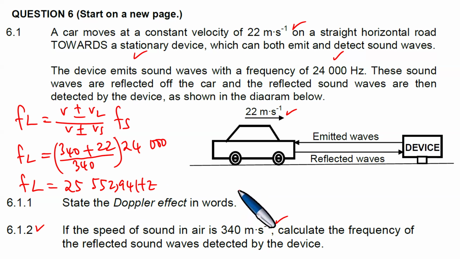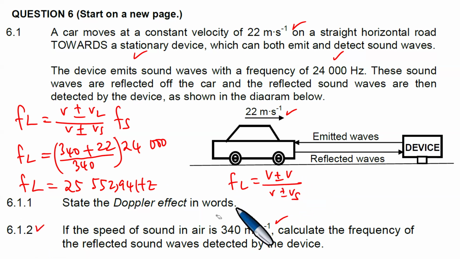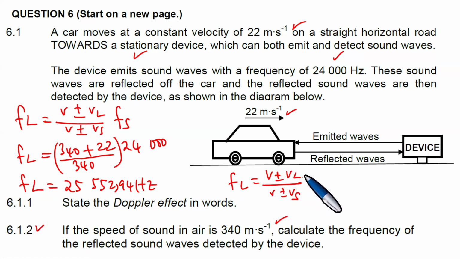So in the end, the actual frequency detected by the listener is going to be VS divided by VL here, VL here, and then we have FS here.